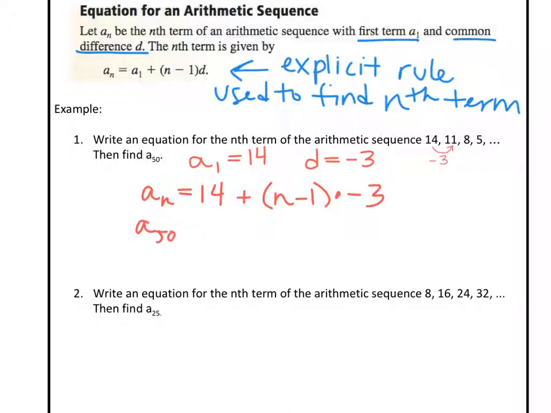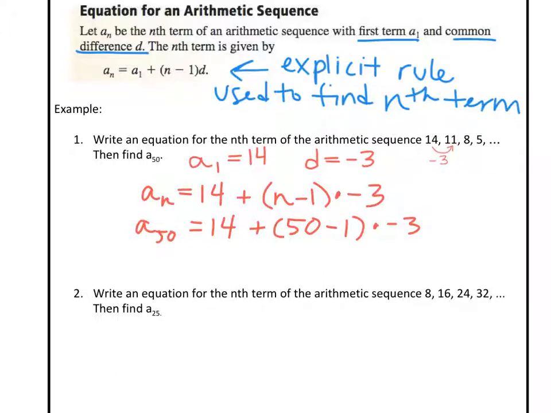So you're going to do A50. Where you see n, now you're going to replace it with 50. So it'll be 50 minus 1. What it's telling it to do is start at 14 and then subtract 3 49 more times.